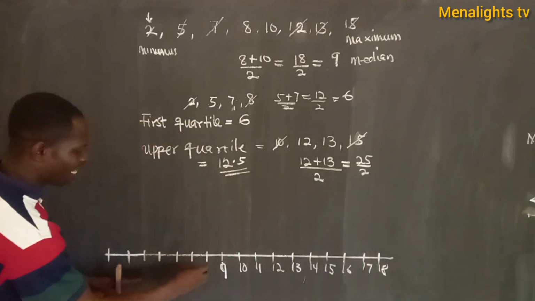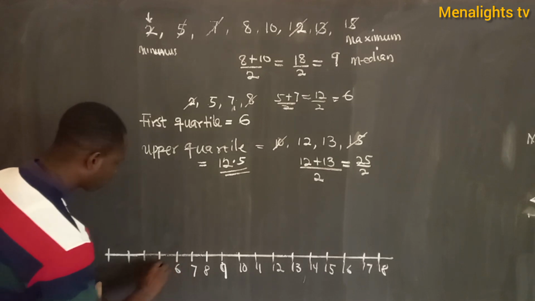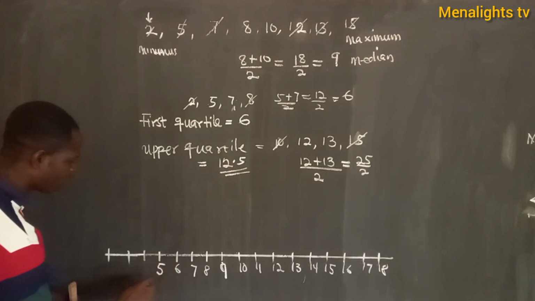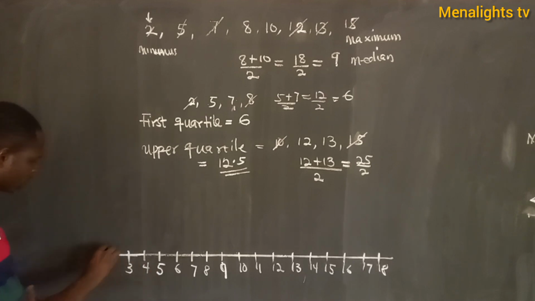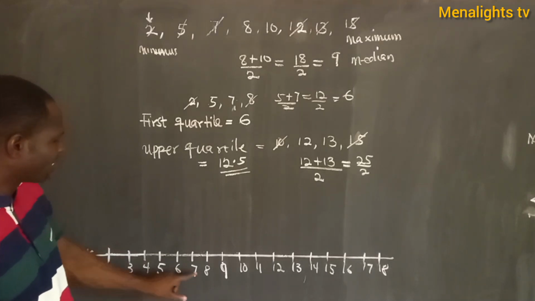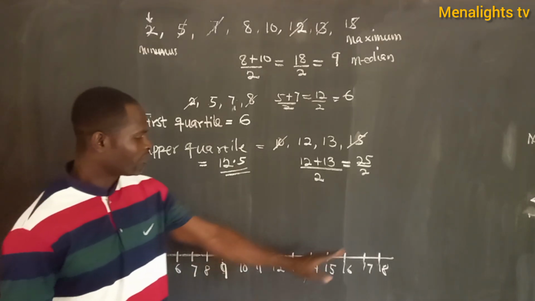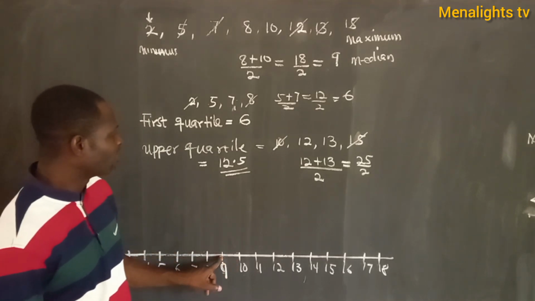And this side is 9, 8, 7, 6, 5, 4, 3, 2, and half 1. So 1, 2, 3, 4, 5, 6, 7, 8, 9, 10, 11, 12, up to 18. So our median is 9.